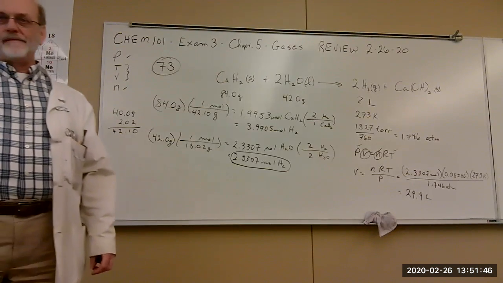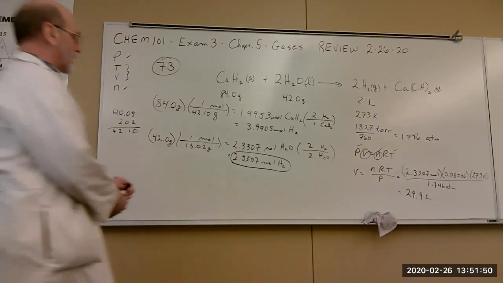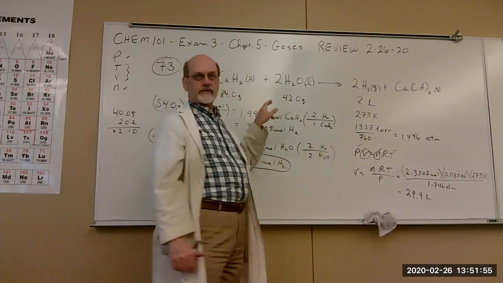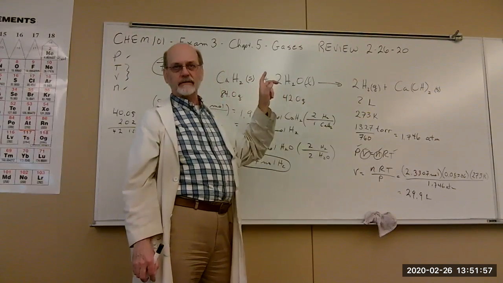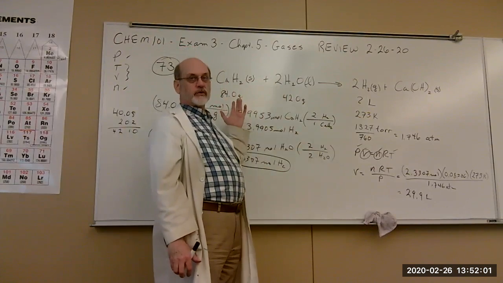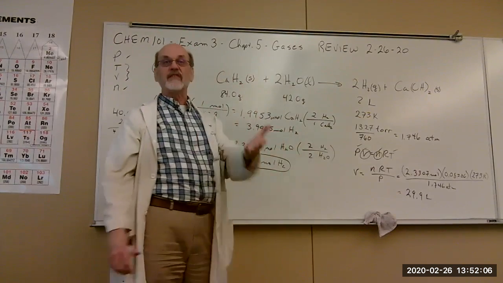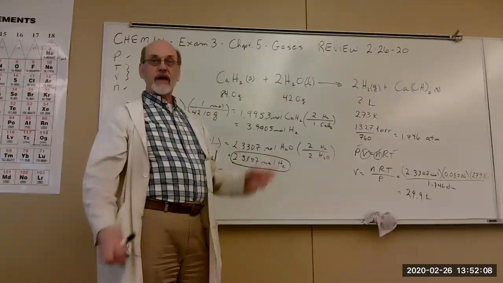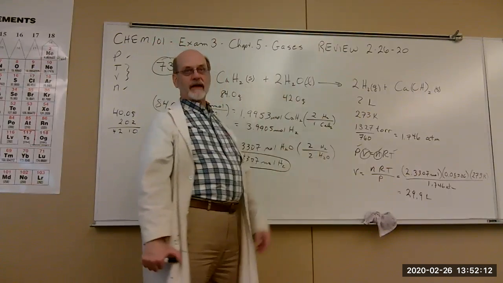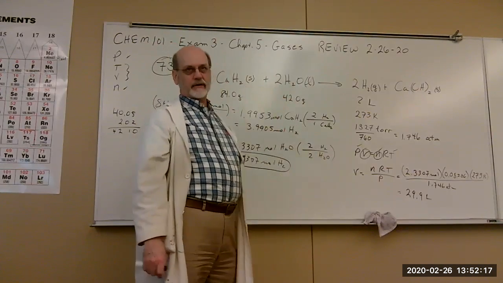So when you're doing this, you always use the limiting, right? Yeah, if you have absolute amounts of the reactants, one of them is going to run out. If you're only given one of them, you have to assume that you got plenty of the other, and you base your calculations on the one that's given. But if you have two or more, if there are three reactants, if two of them are given, then one of them is going to run out.